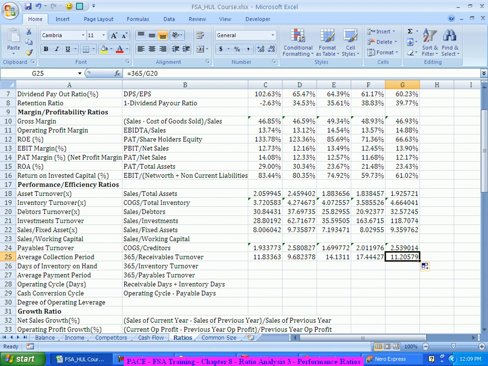Right? The lesser the number is, my customer management process is much better. So the intention should always be to reduce the average collection period. The lesser and lesser the collection period, I am confident about the money which I am going to get. Either I have already got it, or even if some NPAs will come up, they will be very, very less.